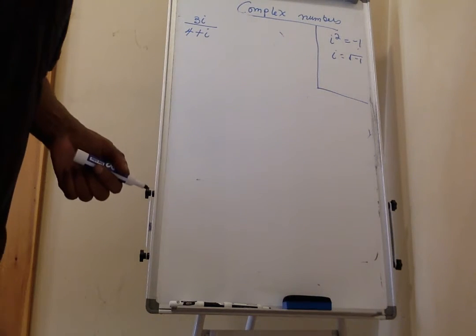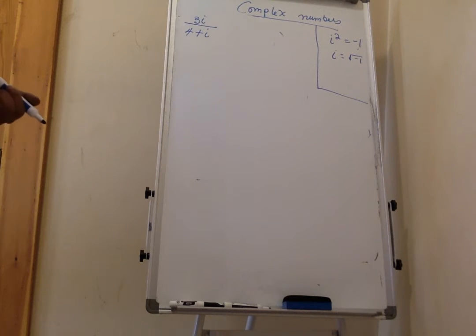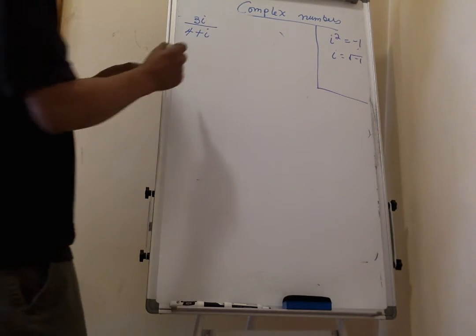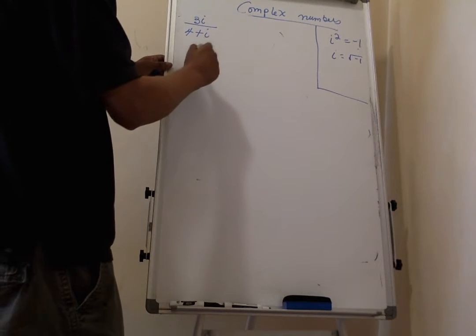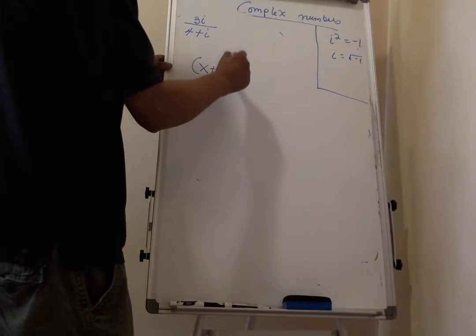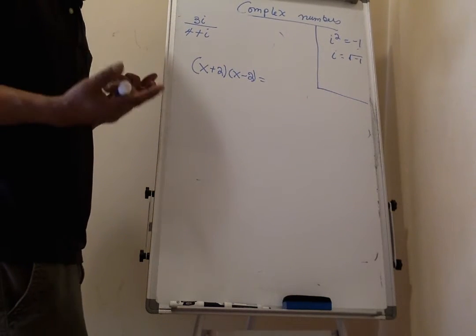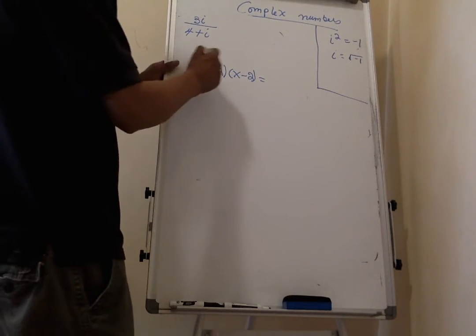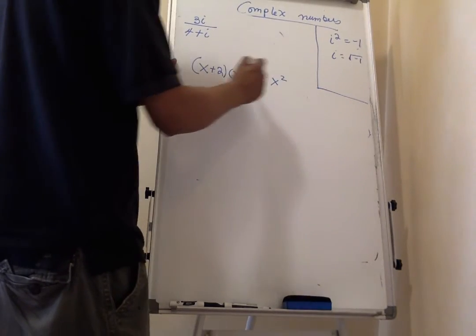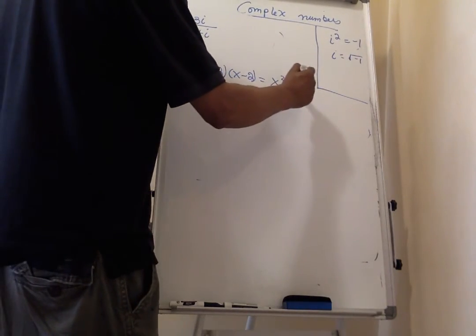I want to take you to a concept of the difference of two squares. So for instance, if you have x plus 2 times x minus 2, you have seen this in grade 5. The middle term disappears, so all you need to do is what? x times x is x squared, and 2 times negative 2 is negative 4.